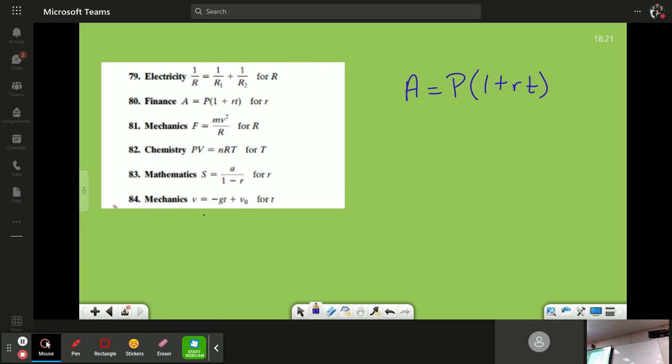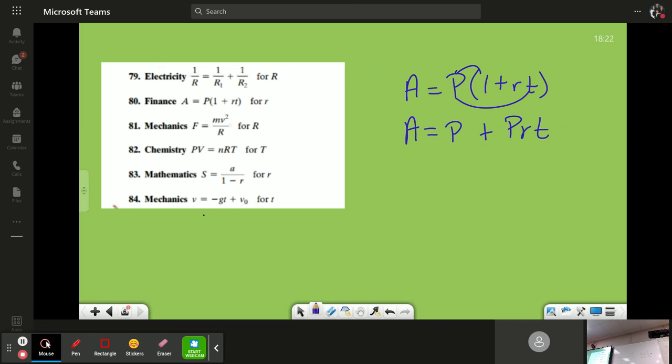I need all of this stuff on one side, and I need the R by itself. That R is sitting inside of some parentheses. So there's only one way to get rid of those parentheses. What do I do to get rid of parentheses? There you go, distribute. So I've got amount is equal to P times 1 is P plus P times R, PRT.